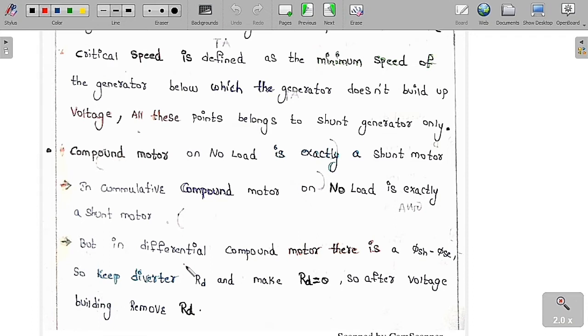We have to connect the diverter resistance across the series field winding and make it short circuit. So RD is equal to 0, no current passes through the series field winding, and it acts like a shunt DC generator.